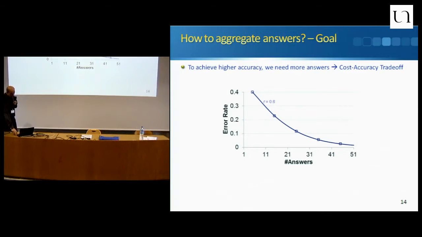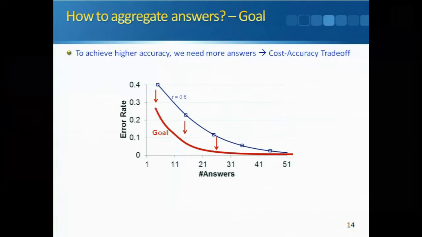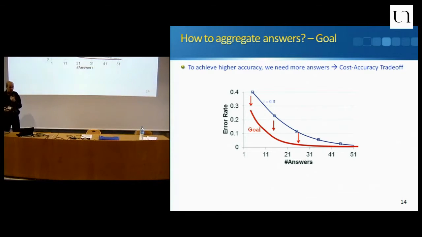So our goal actually is to push this curve down, to develop techniques which enable us to reduce the actual cost. The goal is that with a lower number of questions, we should get the same quality or a better quality.